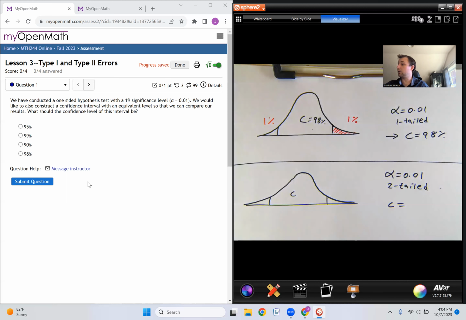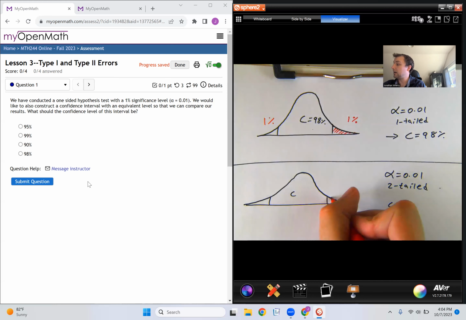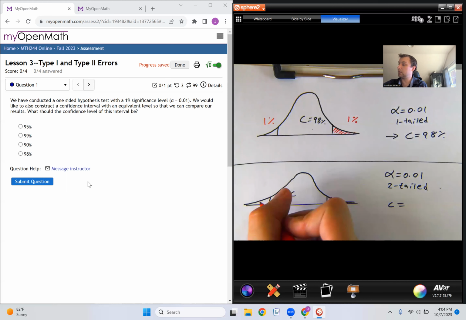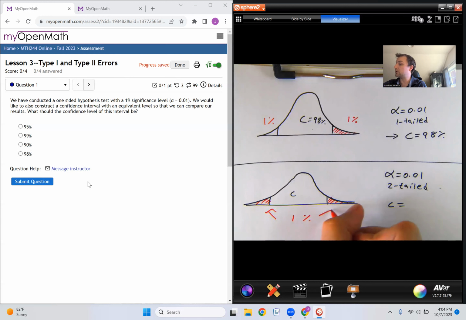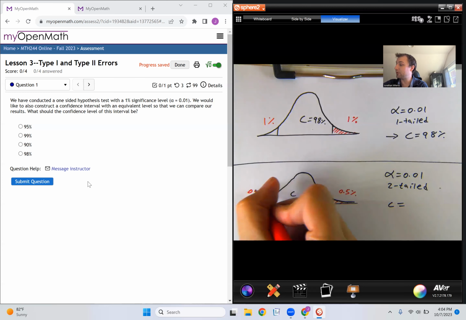If it's two-tailed, that tells me that both of these tails are shaded in, and they have a combined area of 1%. Not 1% each, 1% in total. So when I'm looking at the two-tailed test, it would actually be 0.5% in each if you wanted to split that up.